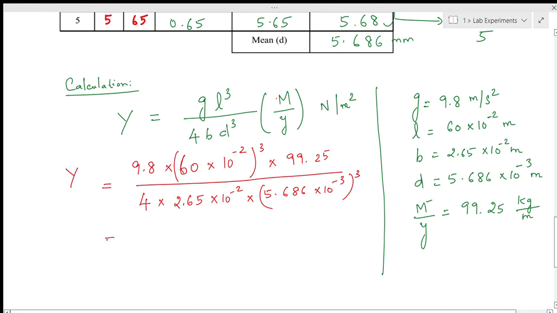Now, using the calculator, the usual way of calculation in one stretch is: switch it on, double open bracket, 9.8 into 60 cap 3, that is 60 into 10 power minus 2 the whole cube. I am writing it as 60 cap 3 and then 10 power minus 6.